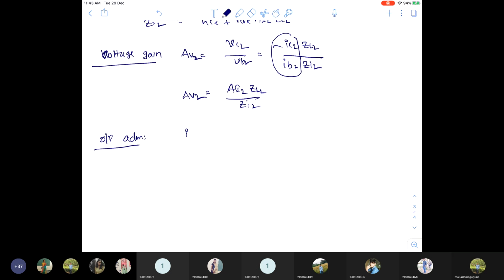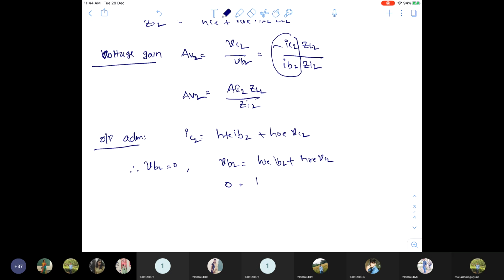For this I can write IC2 is equal to HFE IB2 plus HOE VC2. We know that when you are calculating output admittance, the input will be constant, that is VB2 equal to 0. So we know the equation VB2 equal to HIE IB2 plus HRE VC2.